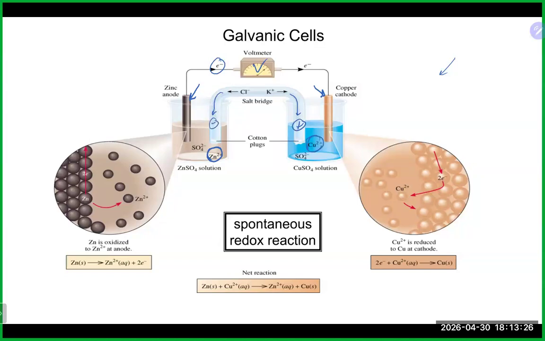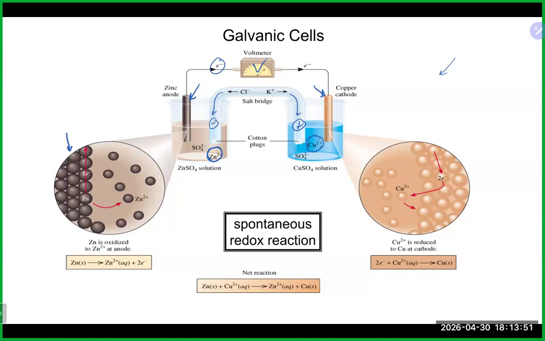There is a potential difference between the cathode and the anode. The anode you can think of as being more positive, which helps bring the electrons, which are negatively charged, away from the anode side to the positive cathode side. On the anode side here, we have the solid zinc in our electrode.